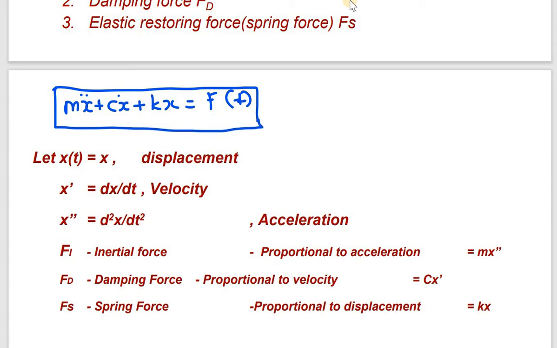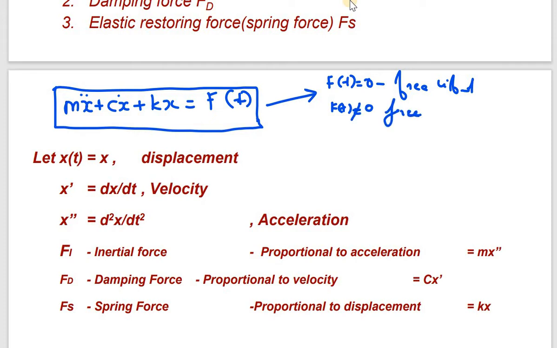Now here we have two conditions. One is when the force is 0, when F of t is equal to 0. What is it called? It is called free vibration.